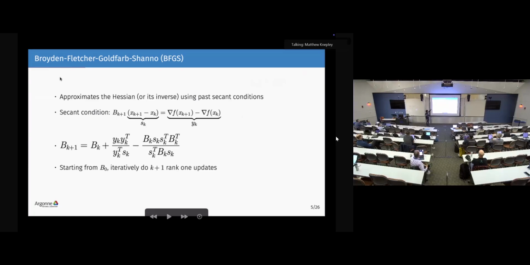To get this Hessian inverse, this is a canonical representation where you start from B0 and iteratively go up until K plus 1, doing this bunch of dot products. So you're doing 2 rank 1 updates iteratively.